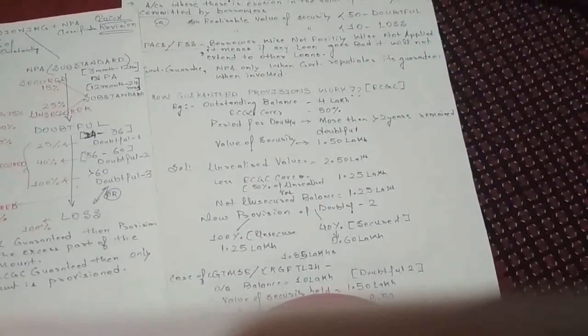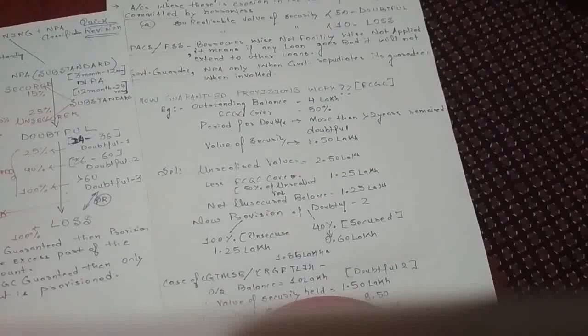Through selling of the securities we could recover 1.5 lakh. Outstanding is 4 lakh and 2.5 lakh we could not recover. So on this 2.5 lakh, 50% ECGC will give to the bank. We have taken 50% cover; maximum we could take 100% also, but we have to pay more premium. Now 1.25 lakh is given by the ECGC.